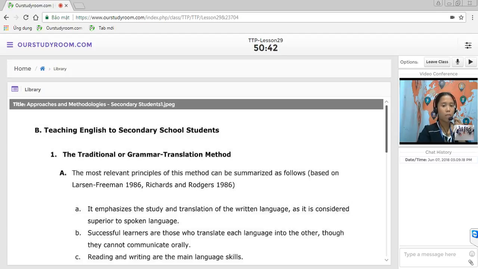Letter B, the main techniques used by the grammar translation method. Other activities and procedures can be the following: reading comprehension questions about the text; students find antonyms and synonyms from words in the text. So here, in number 1A, we teach the students to communicate through writing.